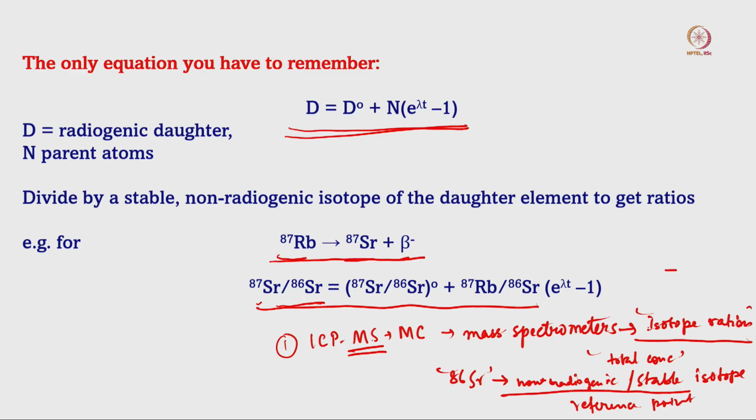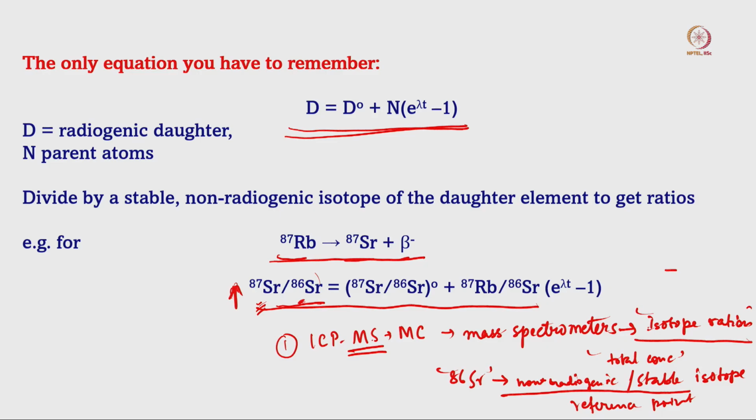It functions as a reference point because whatever increase is happening in the 87 strontium value is just going to be from the radiogenic decay. So, any higher value of 87 strontium by 86 strontium is actually showing us the decay of 87 strontium and not the lowering of 86 strontium.